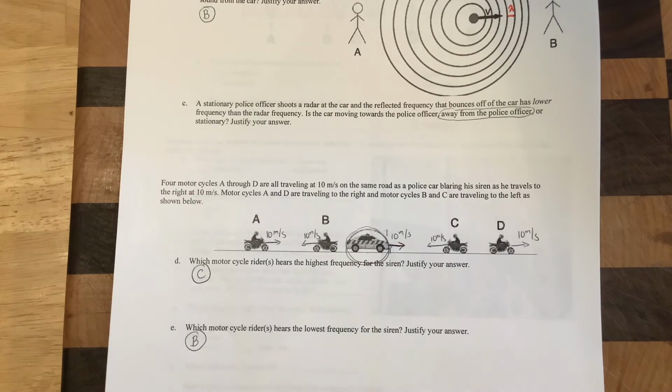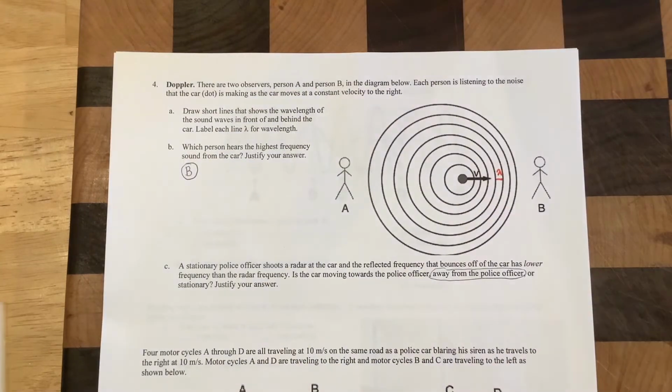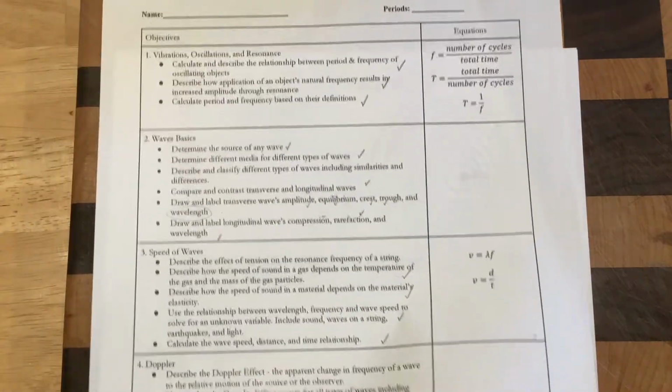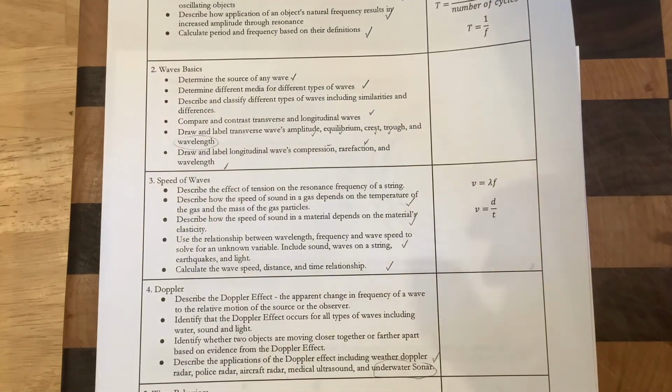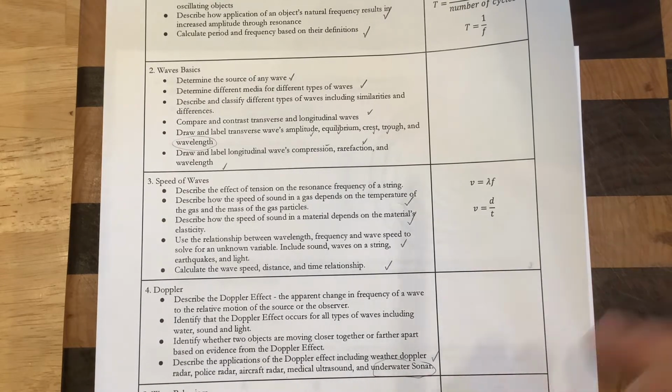And remember, the Doppler effect is an apparent change in frequency due to the relative motion of the source and the observer. A and D don't have relative motion, so they don't get a change in frequency, so they don't have a Doppler effect. It works for all types of waves, including water, sound, and light.